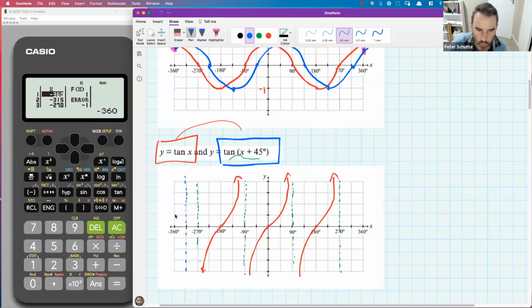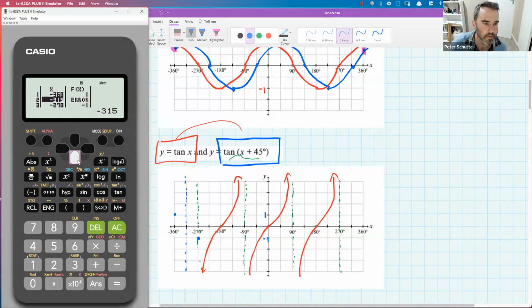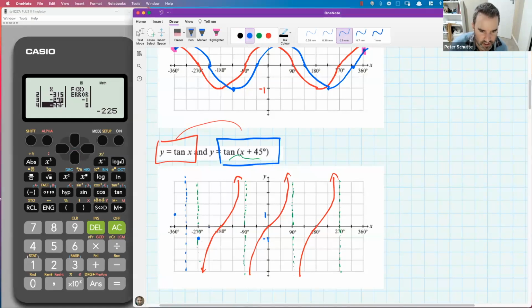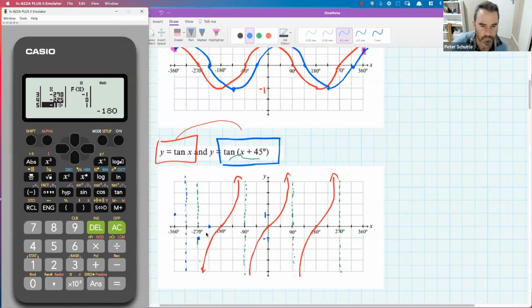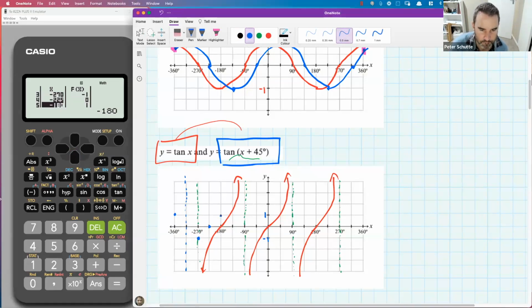Minus 361. I'm going to use 1 as being here in the scale. So there's my dot. Then I've got 270, and that's at minus 1, so let's make a dot there. Then I've got minus 225, which is 0. Then I've got minus 181, which is here.